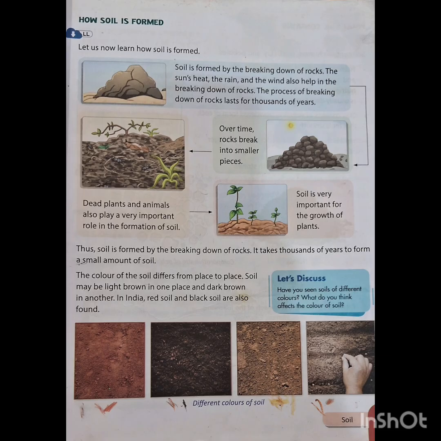First of all, how is soil formed? Let's learn how soil is formed. Soil is formed by the breaking down of rocks. Big rocks are broken down by heat, sunlight, rain and wind. This process of breaking down rocks lasts for thousands of years, and over time rocks break into smaller pieces, as shown in the picture.